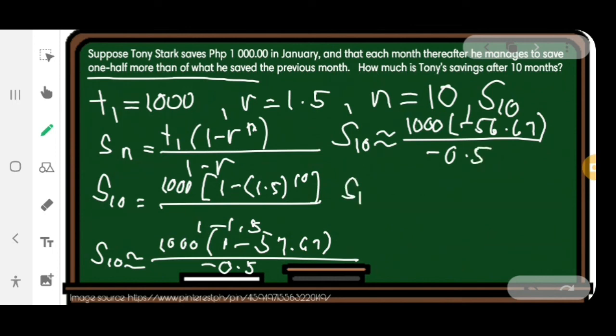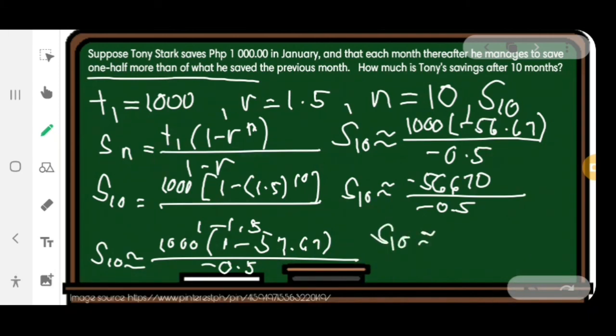So S sub 10 is approximately equal to negative 56,670 over negative 0.5, which is approximately 113,340. That means Tony's savings after 10 months is approximately 113,340 pesos.